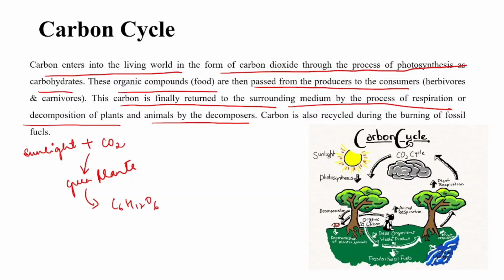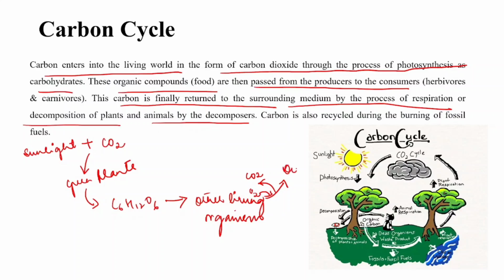Now what will happen? Other living organisms are dependent on this glucose, yes or no? Yes. And when they respire, they release carbon dioxide and take oxygen in, yes or no?